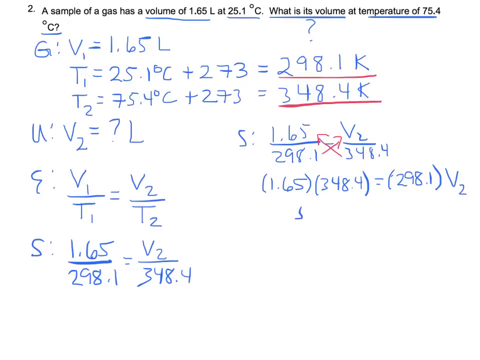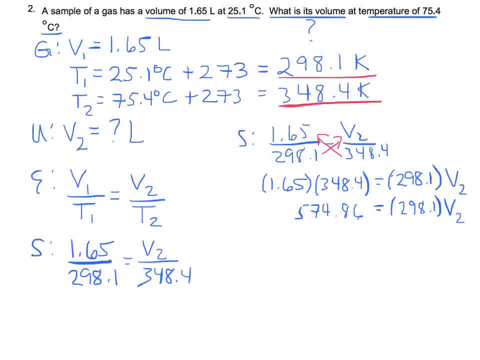574.86. Now, if you happen to get a number on one of these problems that is a big long number on the calculator that goes way past the decimal, you need to at least take it a few places past the decimal so that you don't have error at the end of your problem when you go to do your significant digits. Alright, so that number, 574.86, is equal to 298.1 times V2.